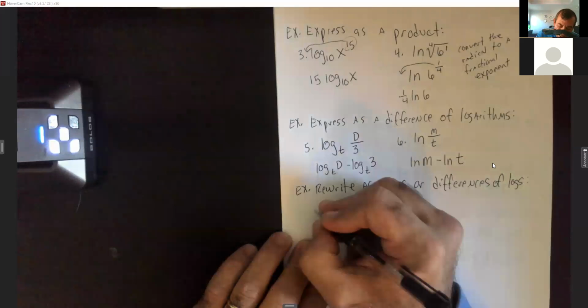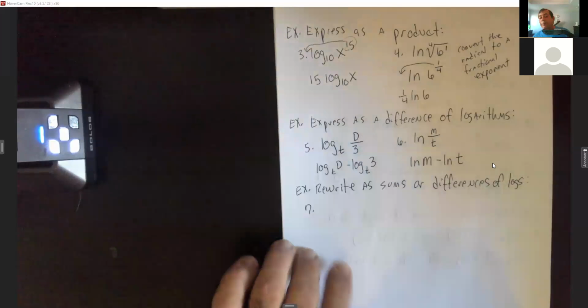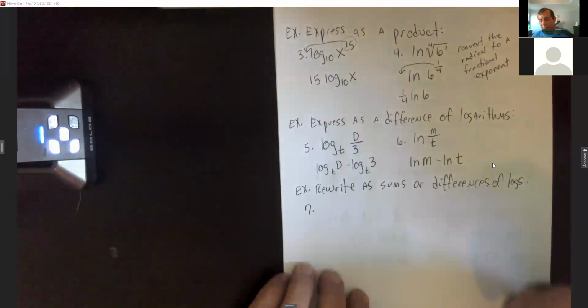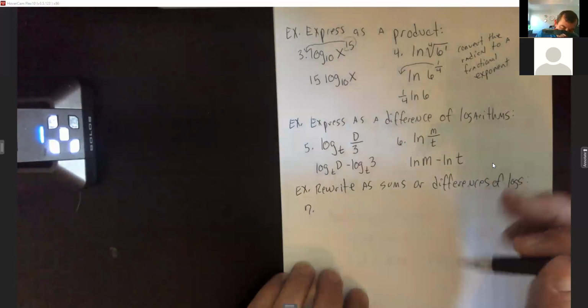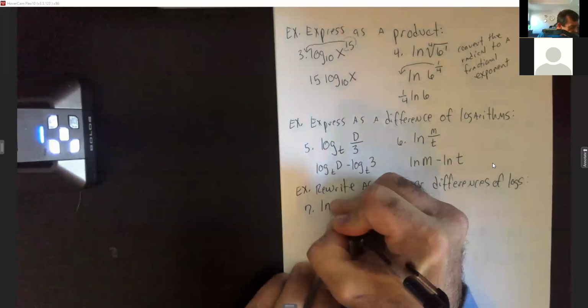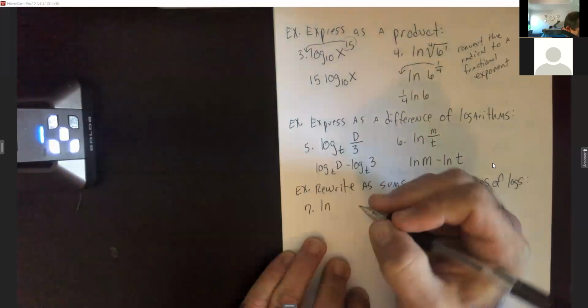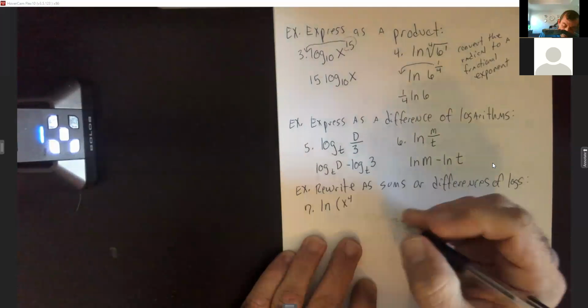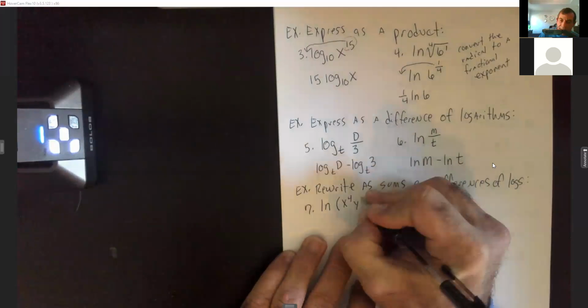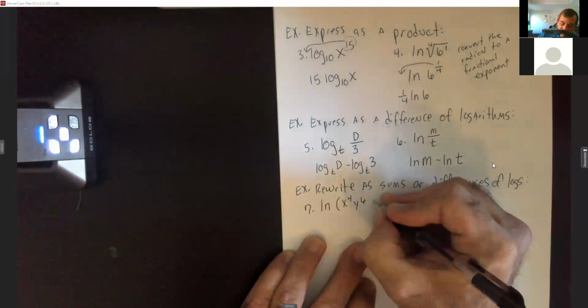So what that means, all rules are in play now. The product rule, the power rule, and the quotient rule. So I'm going to start out with the ln on this one. ln x to the 4th, y to the 6th, z.